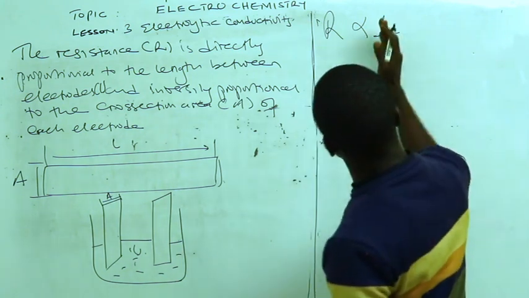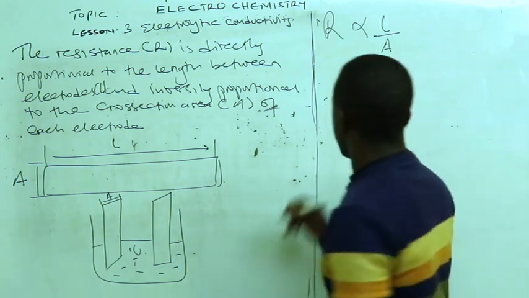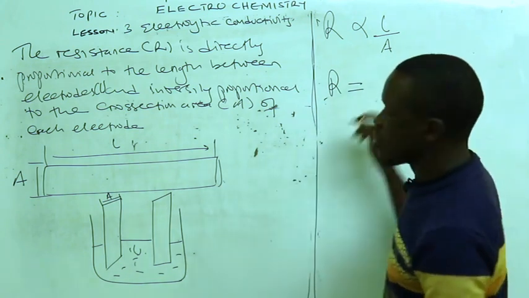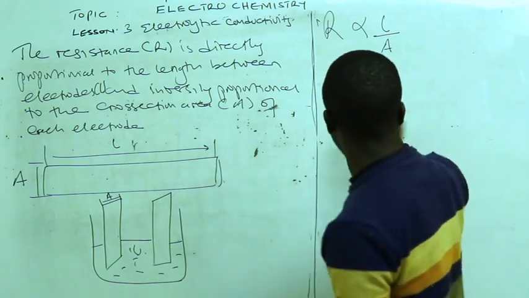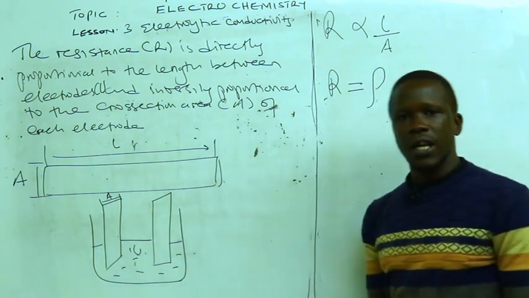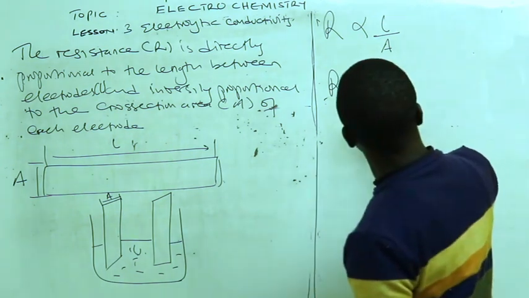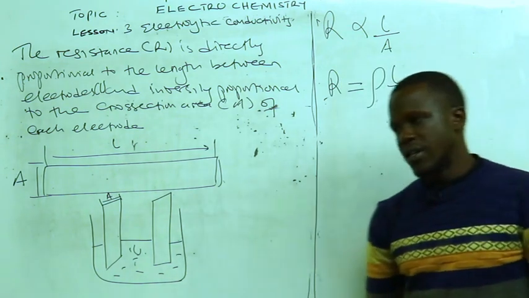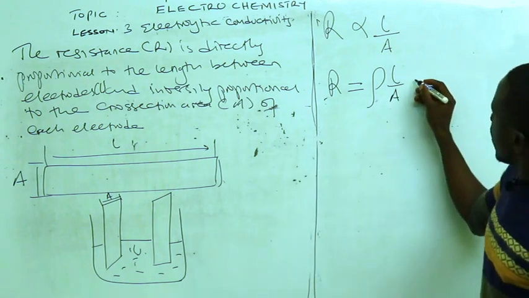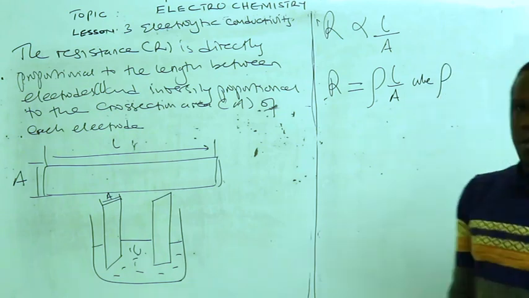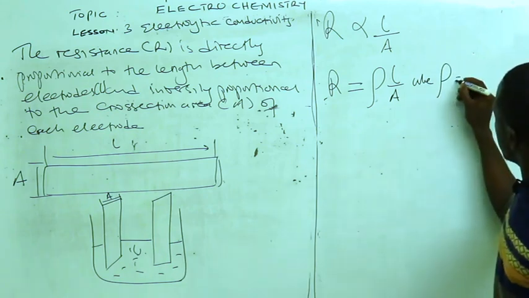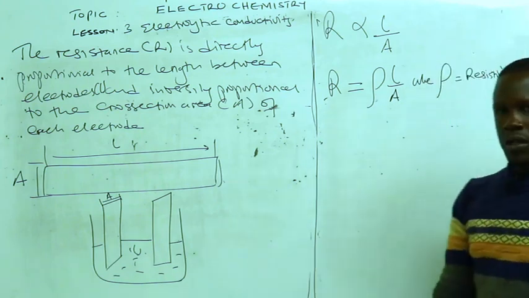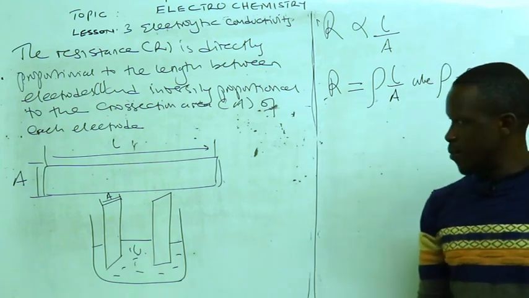If we introduce a constant, R will equal the constant times L over A. The constant for this relationship is called resistivity, represented by the Greek letter rho. Letter rho is resistivity.